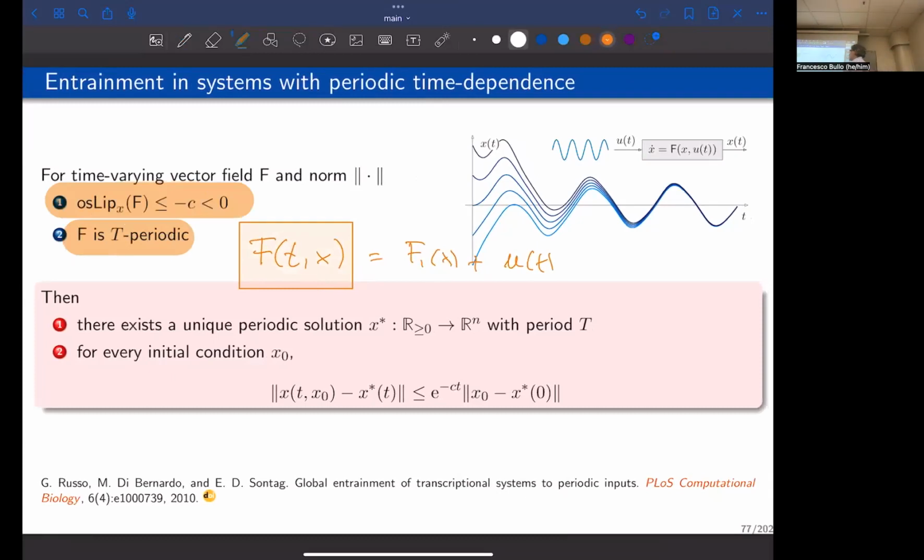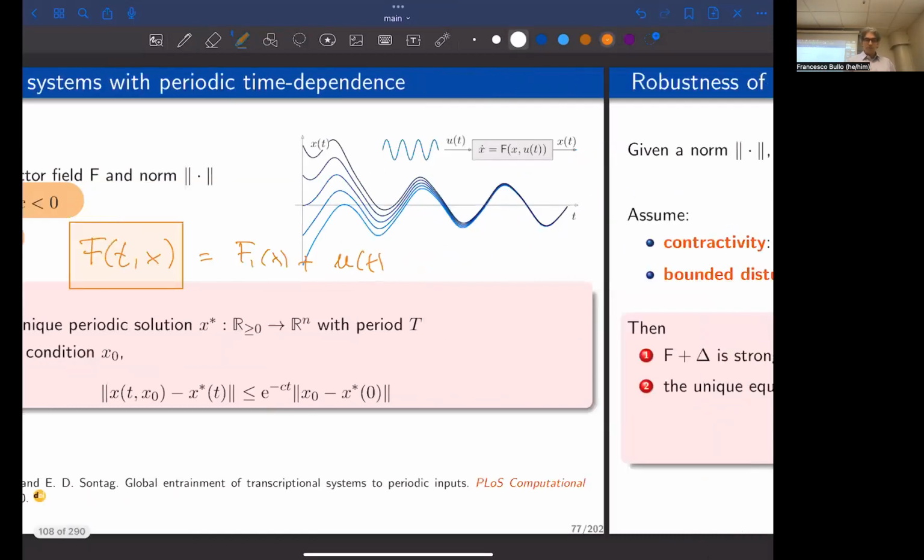It means that there exists a unique periodic solution of the differential equation, x star, that's the unique periodic solution, and every trajectory, no matter where you start, will entrain, which is to say, will converge exponentially fast to the periodic solution. Does that make sense? Entrainment. Again, the power here is both the existence of the periodic solution and the global exponential convergence to the periodic solution. This is not easy to achieve without contraction theory.